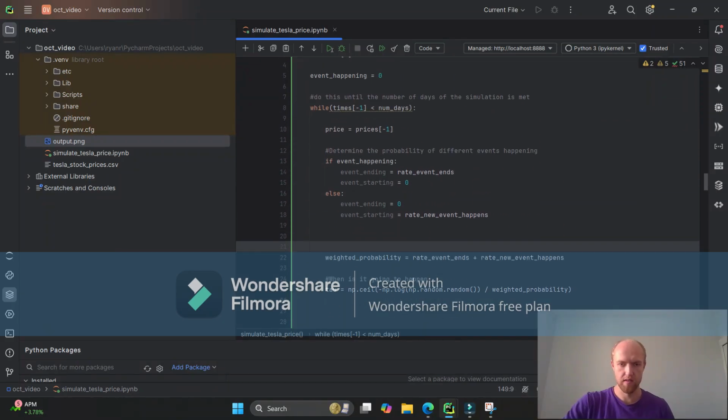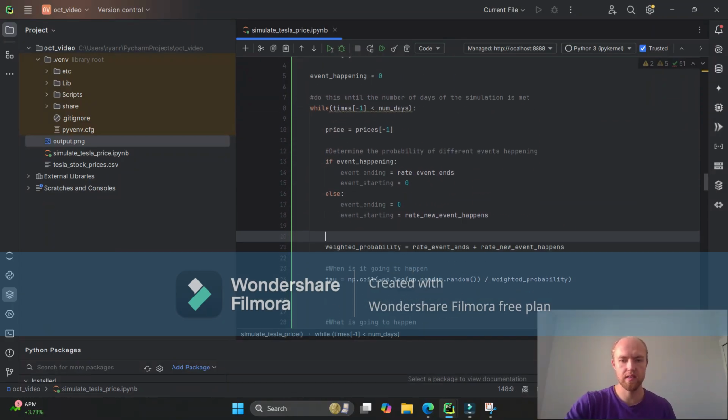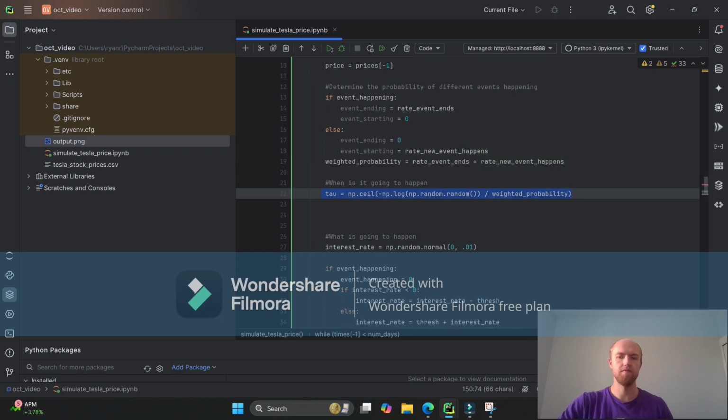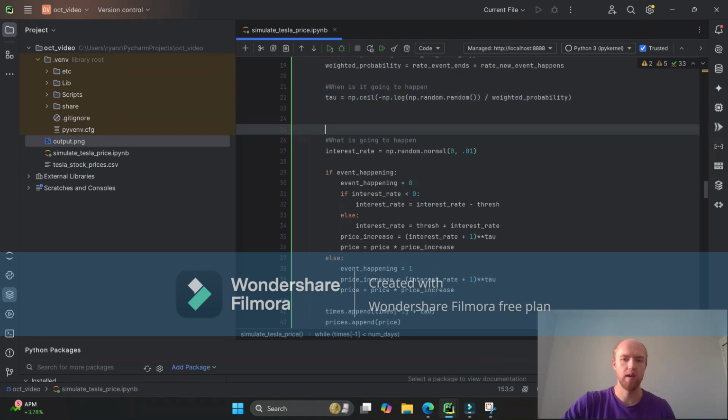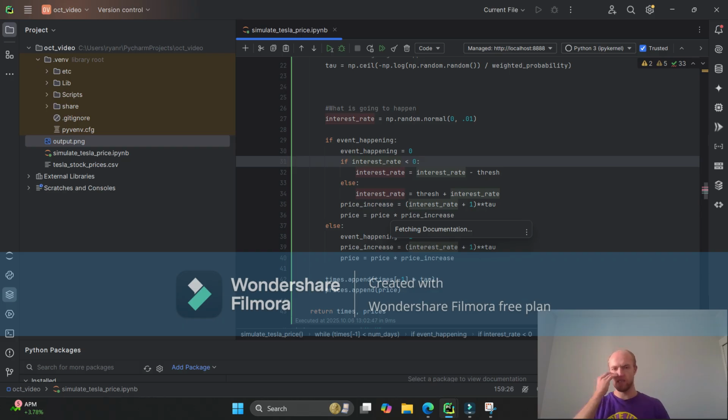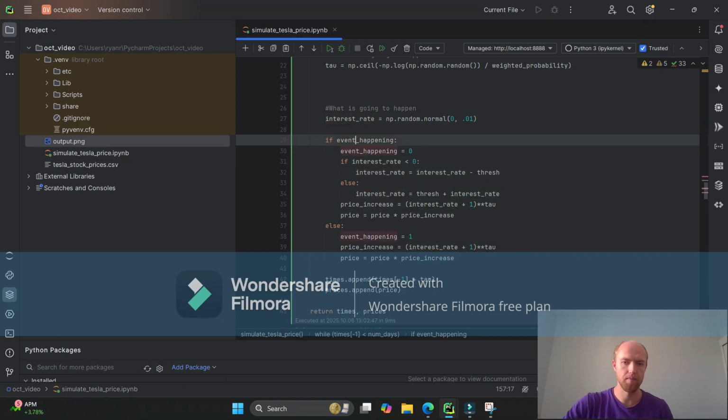Okay, so we've got those weighted probabilities sorted out. We use those to figure out when the next thing is going to happen. And now we identify what is going to happen. So just as a breakdown, we know that two things can happen. Either there's going to be an event starting or an event ending. So if the event is happening, then the next thing that's going to happen is the event's going to end.